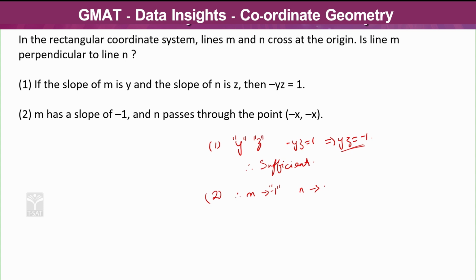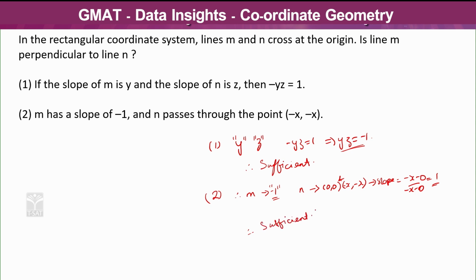You have one point that it passes through, that is (0, 0), and it passes through (-x, -x). So, you can easily calculate the slope. Slope will come out to be (-x - 0) divided by (-x - 0), which is equal to 1. Therefore, the product of these slopes is -1. Therefore, you can easily tell whether or not they are perpendicular.